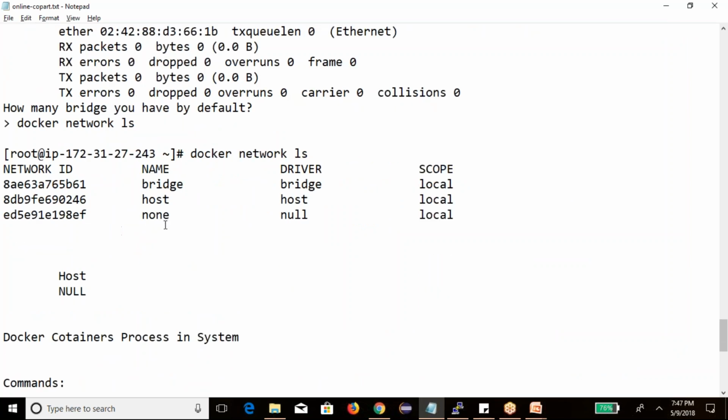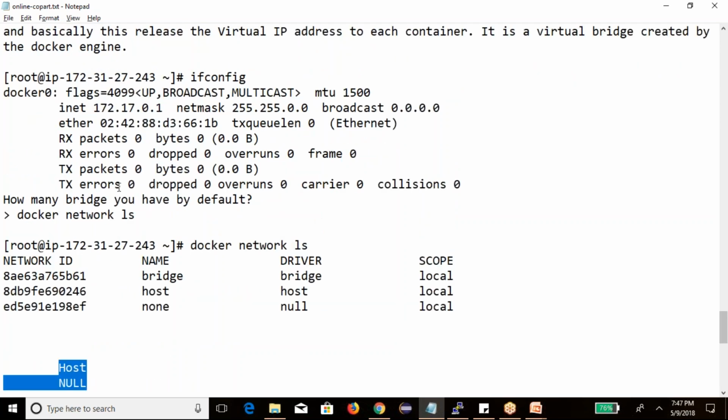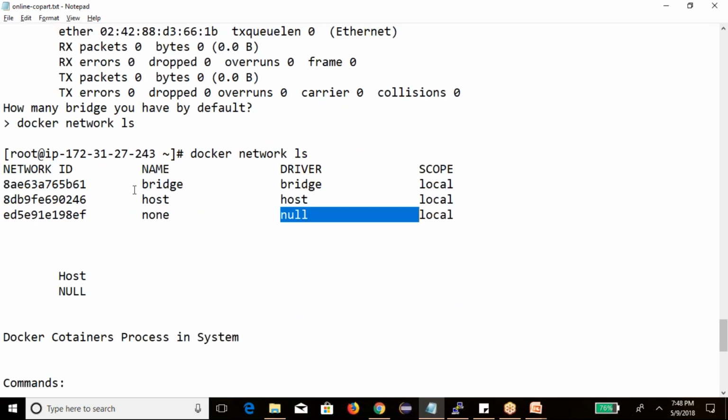Another which was created by the Docker engine is host, which is the second one, and the third one is null. We'll talk about all this stuff. So there are three kinds of network drivers supported: one is bridge, another is host, another is null.